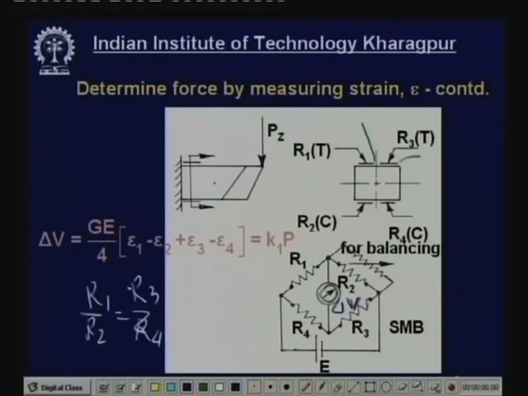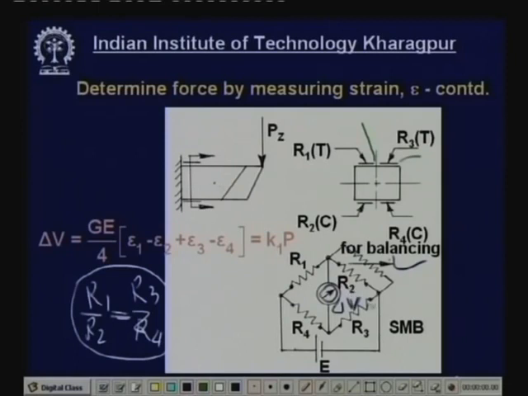So long as this ratio is maintained, there will be no voltage. Normally the strain gauges have the same resistance, say 120 ohms, 360 ohms or 1000 ohms, these are standard. But it cannot be exactly the same, so there can be slight variation. In that case, to bring it to the null condition, zero condition, some additional resistance is used for balancing. By operating this one, we make this ratio the same and this voltage will be 0.